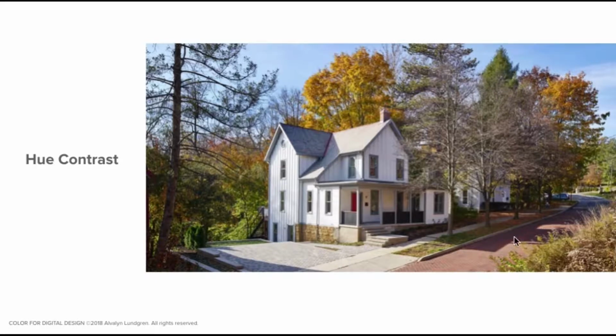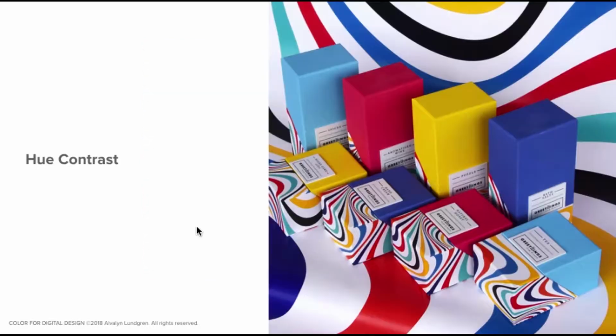There's a little bit more red in the road showing up, but the house is gray and white, and there's a little bit of saturation on the door. But this is minimal in hue contrast because there's not a lot of opposition of colors. There are not a lot of opposing hues.